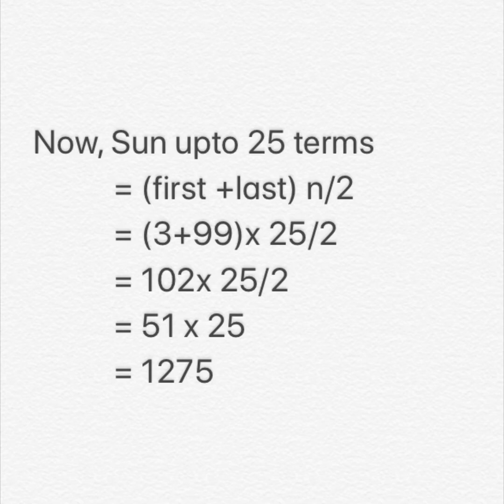So that is written in brackets, 3 plus 99. This sum is to be multiplied by half of the total terms. Total terms are 25, so half of that, 25 by 2. Moving on, 3 plus 99 becomes 102 and 25 by 2 is kept as it is.